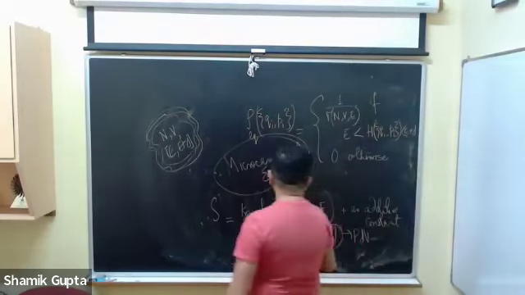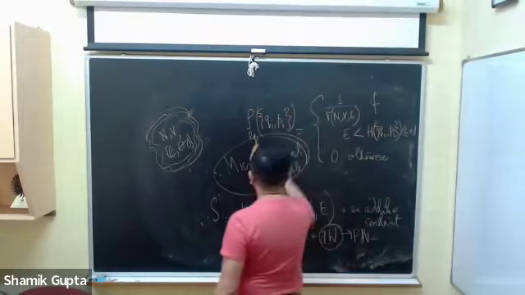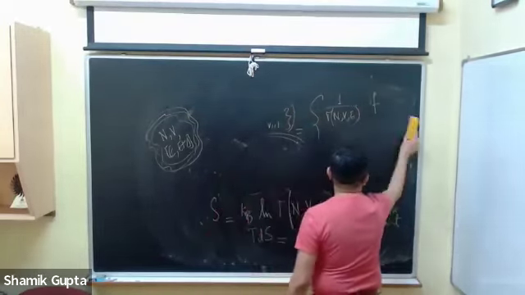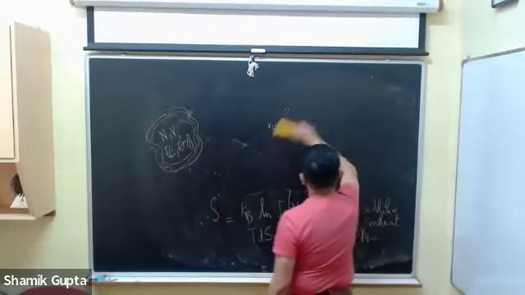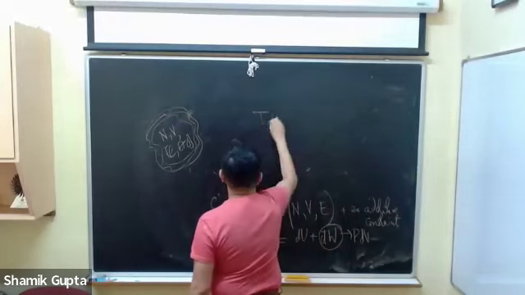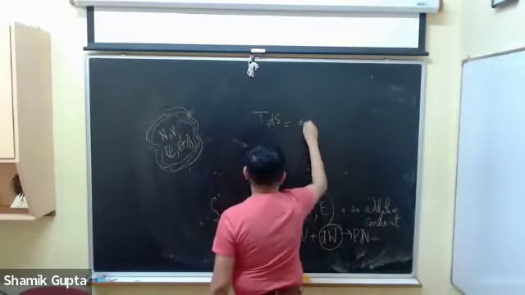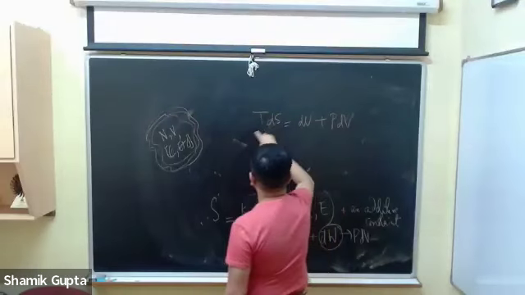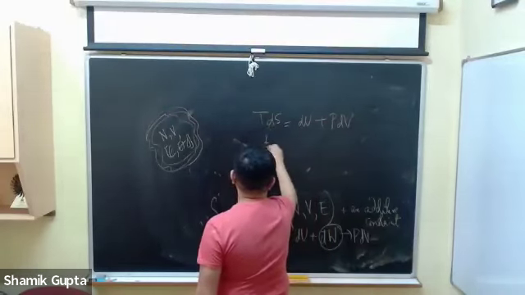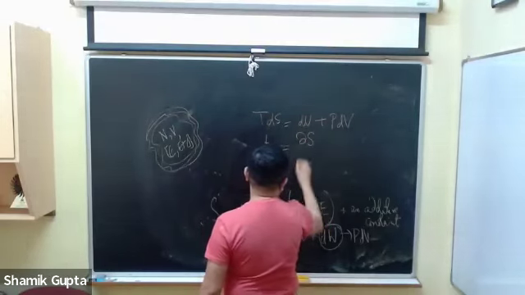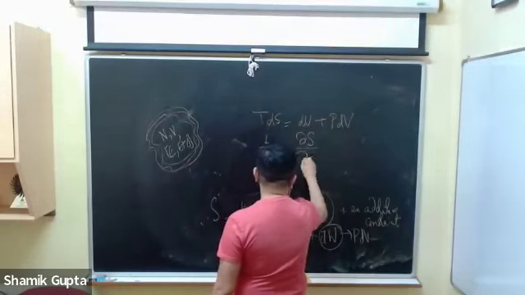So therefore, I get this equation: TdS is equal to dU plus PdV. And now I know how to relate the temperature to the entropy. So what is T? T will be equal to the inverse of del S by del U.